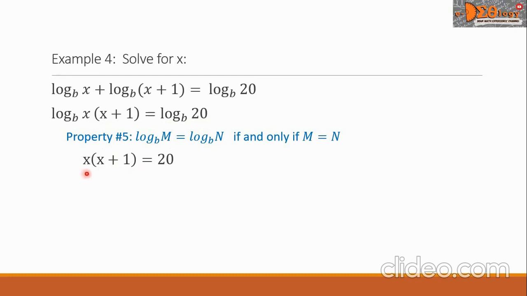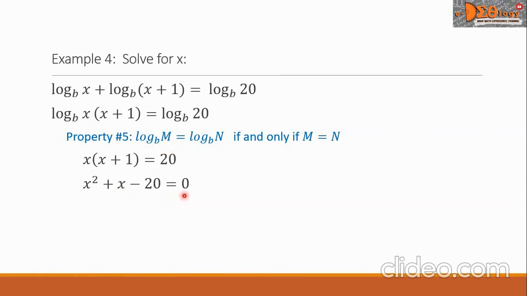We will distribute this x to each term of the binomial. So x times x is x squared. x times 1 is positive x. Now, for this 20, we are going to transpose it to the left side of the equal sign, and the positive 20 becomes negative 20.